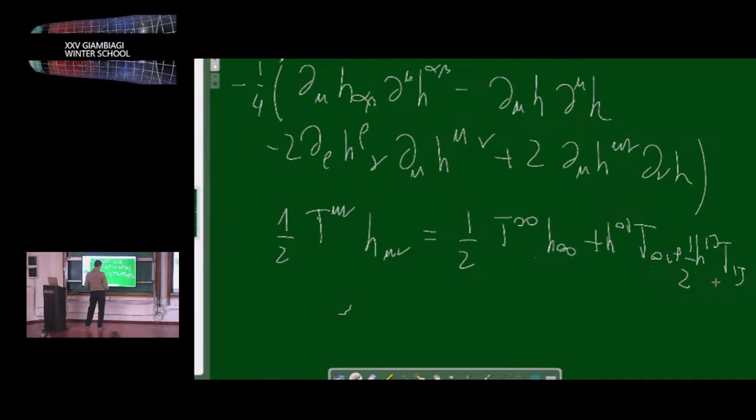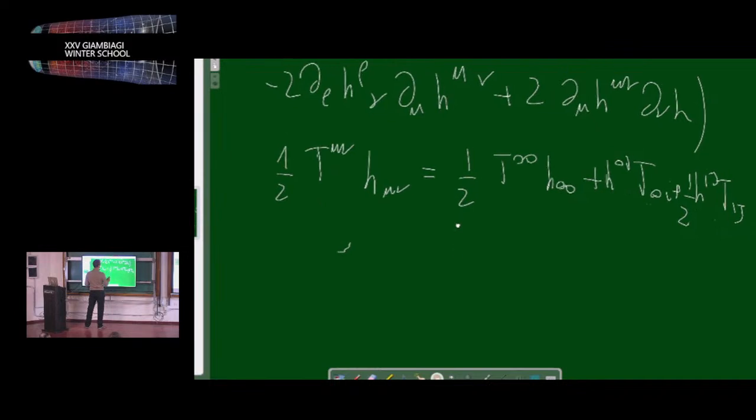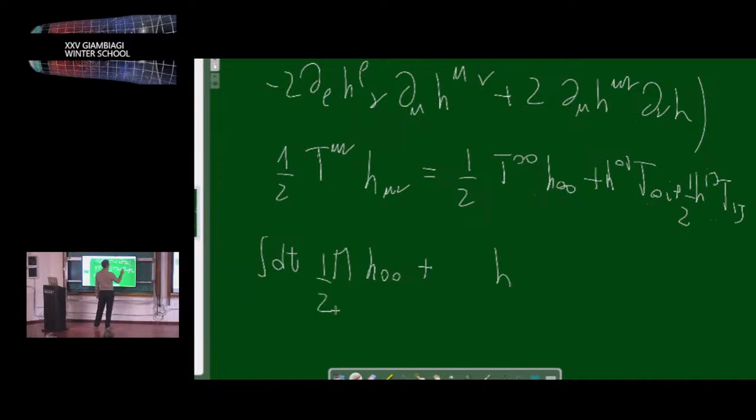Okay? So let's pause just a second. So this is the Lagrangian term. Once I integrate it, if I think of my object as living on a world line, then I have an action which is just the integral over time of the world line. And then the first coupling will be the integral over d3x prime of T00, it's just the mass coupling to h00. And then I have the second piece, which comes with a half because of the definition, and this is h0i plus hi0, so it comes without the half.